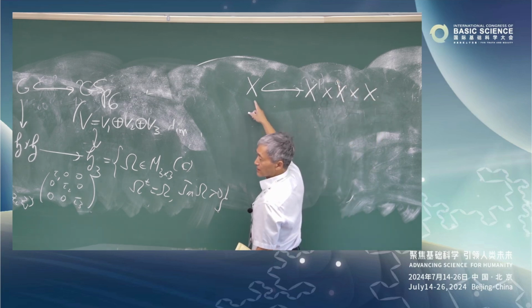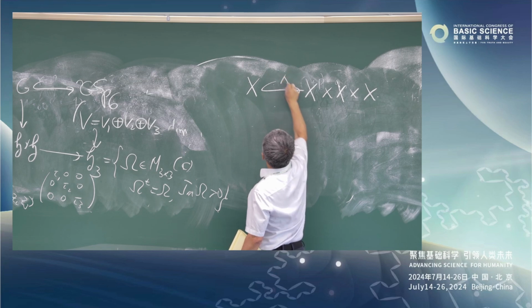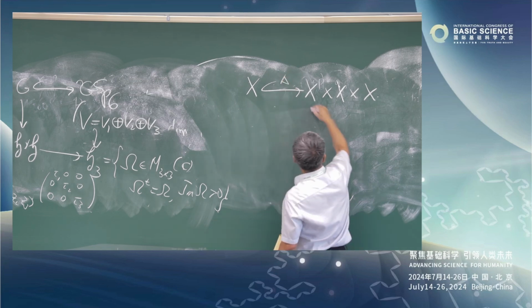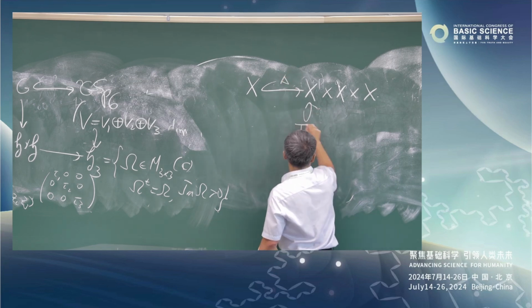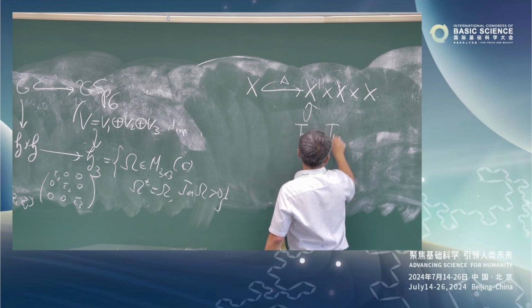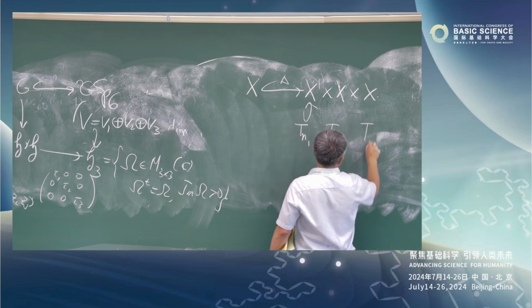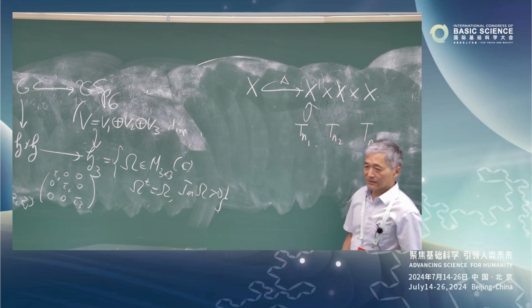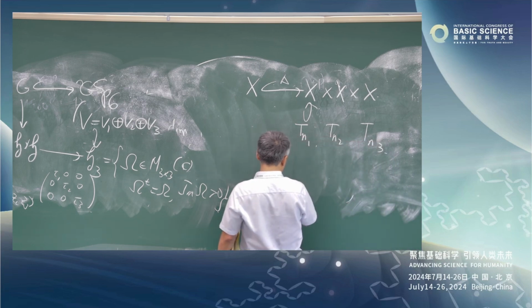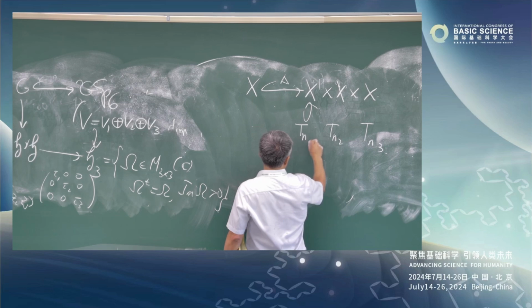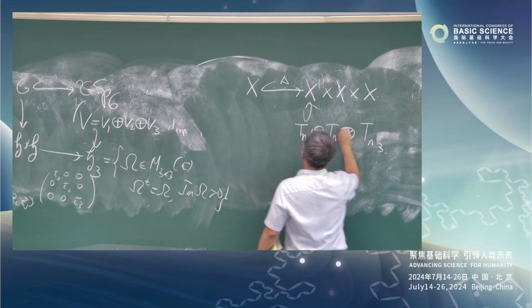So this is a Shimura curve, diagonally embedded into here. And on each space you have Hecke operators, T_n1, T_n2, T_n3. Then with the Hecke operators, you can work on this diagonal.